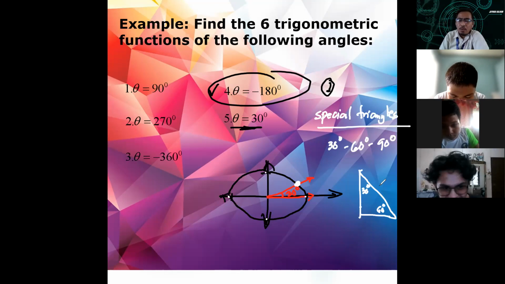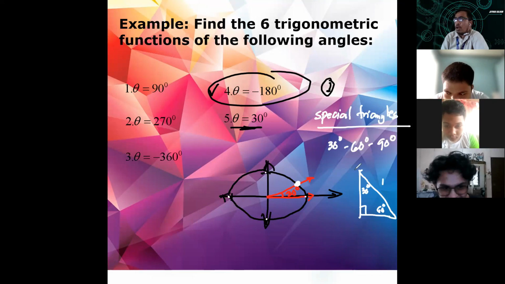So, what you will remember is if this is 1 unit, that is 1 unit. This is always 1 because this will fall in your radius. The longest side is 1 in the unit circle. The opposite of 30 must be 1/2. Just remember this one.